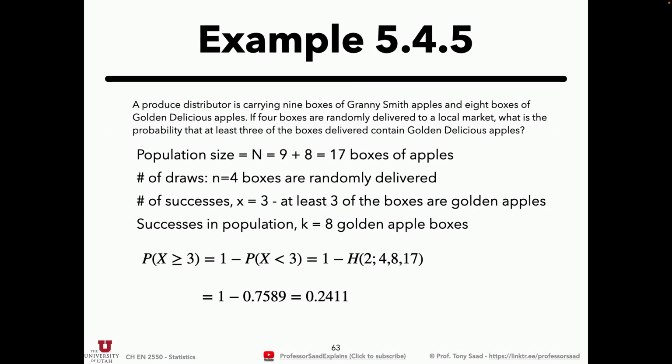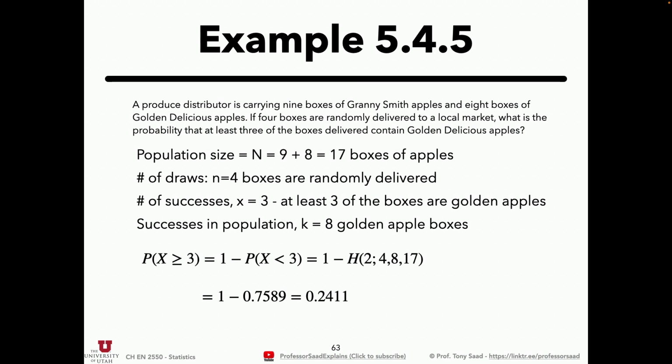The number of successes we're looking at is x at least equal to 3, so x is greater than or equal to 3. And total successes in the population, in other words, how many Golden Delicious boxes are in the population? We got 8. So you're looking for the probability that x is greater than or equal to 3. Because the cumulative function doesn't do this directly, we have to take the complement.